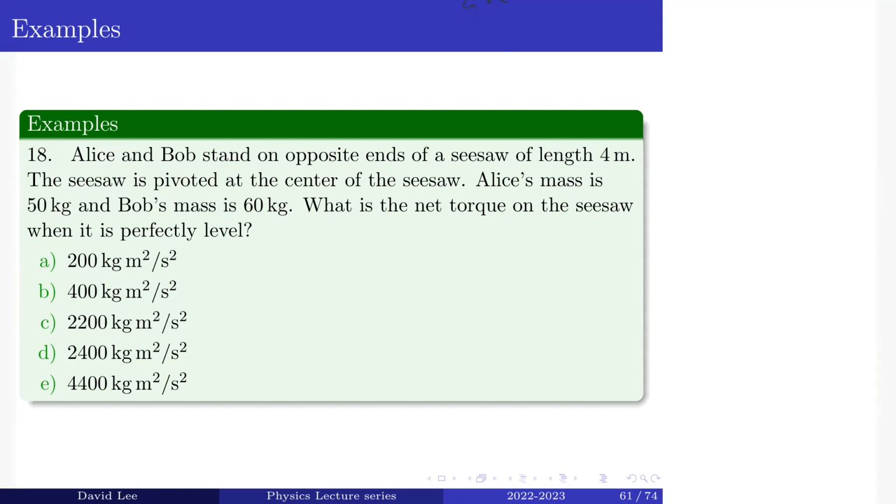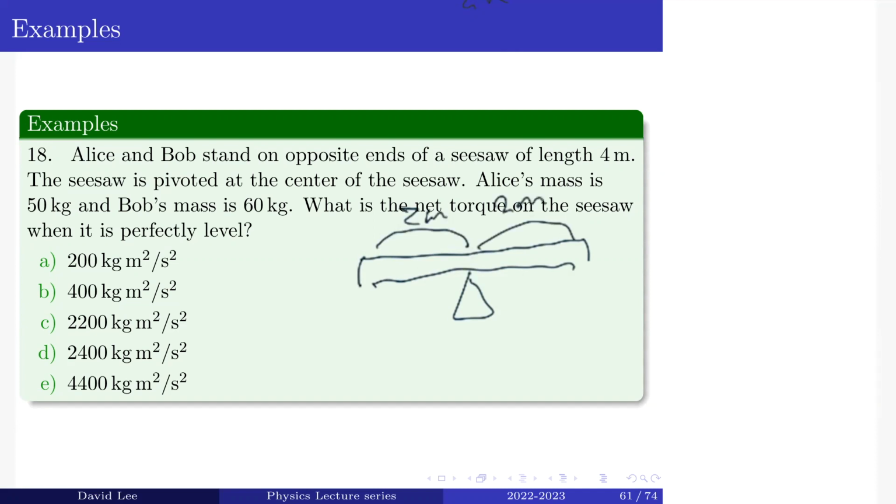Whoever chose B probably just forgot to divide the length by 2, because what's going on here is that the entire seesaw has length 4, but this length is 2 meters and this length is 2 meters.